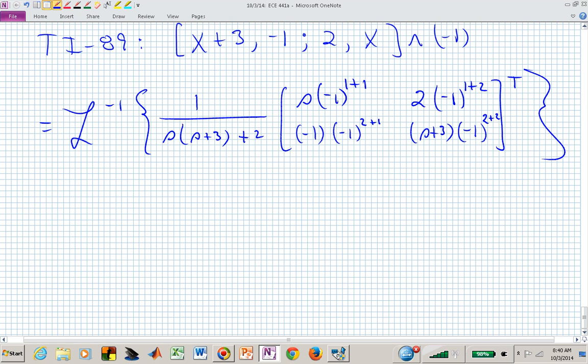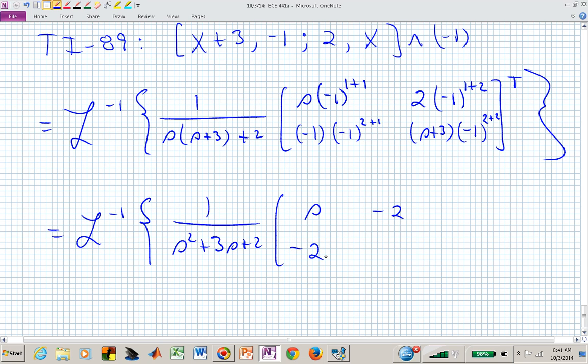And if we do all of that, we now have the inverse Laplace transform of 1 over s squared plus 3s plus 2. I have s times 1. I have minus 2. Oh, can I go ahead and transpose that? So that minus 2 is going to go down here once I've transposed that.